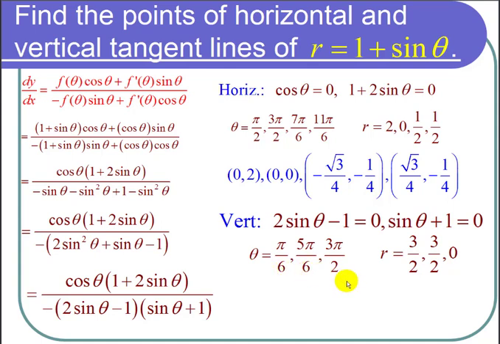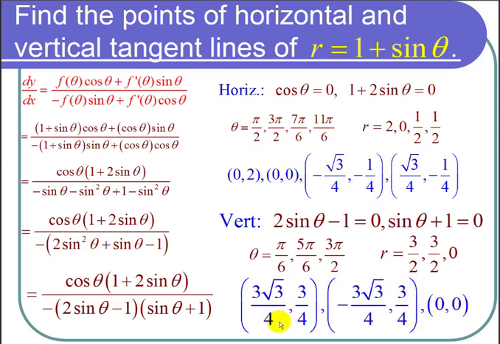So let's again plug it into the x equals r cosine theta and y equals r sine theta formulas. And I got the 3 points, 3 root 3 over 4 comma 3/4, negative 3 root 3 over 4 comma 3/4, and 0 comma 0. Now there's something wrong, because a point can't both be a point where there's a horizontal tangent line and a vertical tangent line. In fact, what that means is that we get 0 over 0 for this fraction, this derivative.